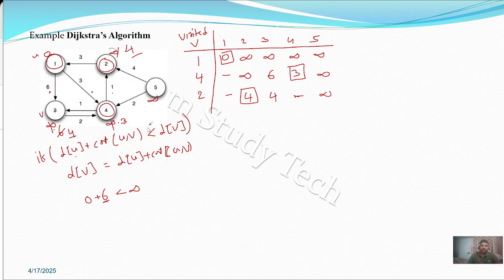For example, I have changed this edge, here it is 4 to 2. Okay, 4 to 2. Now we can see, in this case, you can again solve that same problem.